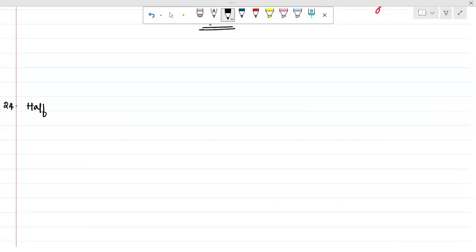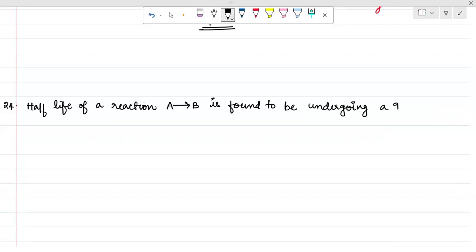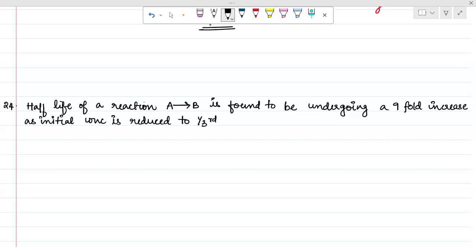Half-life of a reaction A giving B is found to be undergoing a 9-fold increase as initial concentration is reduced to 1/3 at a given temperature.